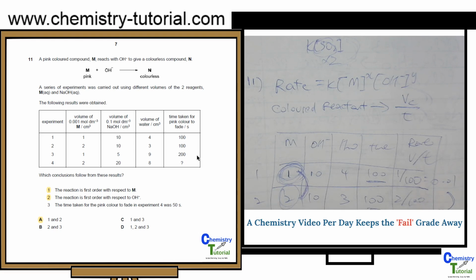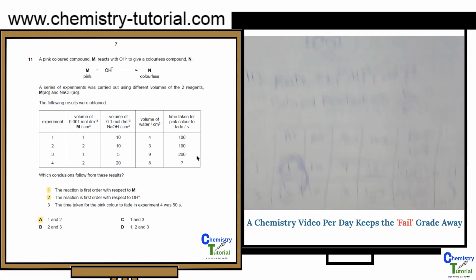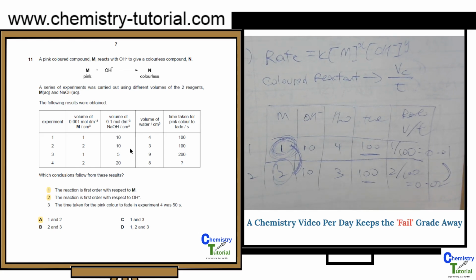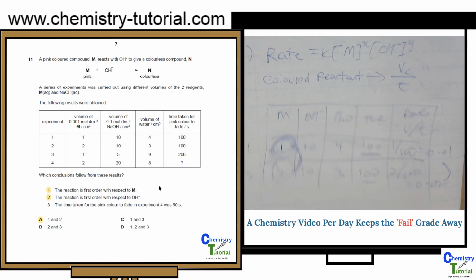I would suggest that for this case you still use this rate, which is 1 over 200 versus 1 over 100. Then you notice that when the volume doubles, the rate halves, which means it's first order with respect to hydroxide.